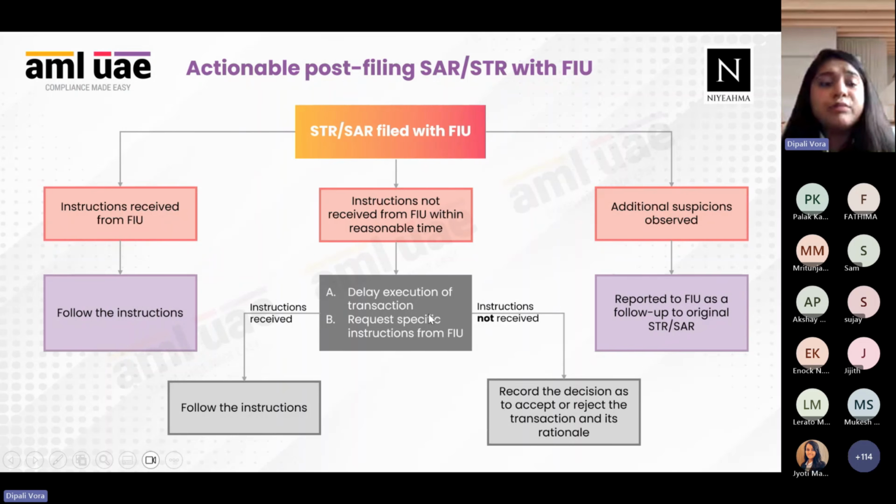Delaying could be, you might give some reasons that the server is not working, or the property is not available, the owner is traveling, or there is some server issue at our end, or that particular product is not available. By whatever reasons, as per your sector, you could try to delay that transaction. Meanwhile, also request specific instructions from the Financial Intelligence Unit. If after requesting specific instructions you receive them, we follow them.